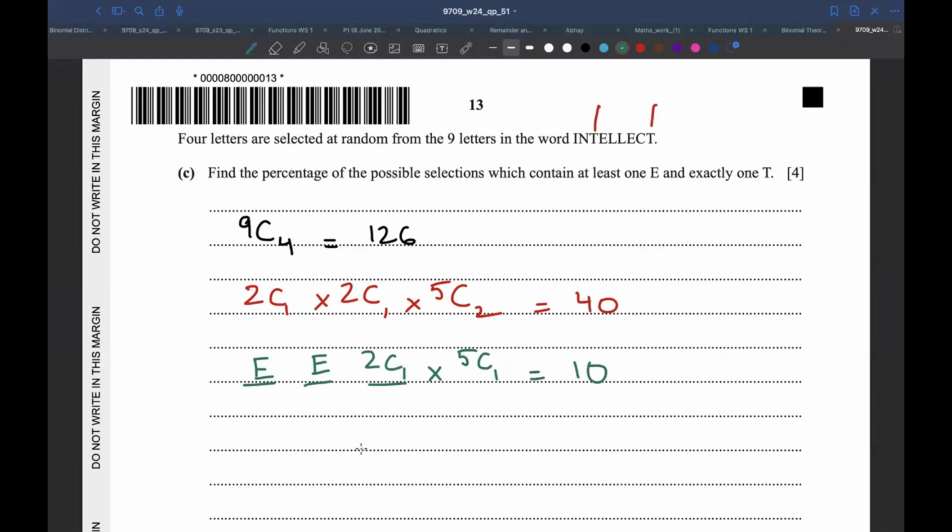So there are a total of 50 possible selections. The percentage will be 50 divided by 126 multiplied by 100. Substitute this in your calculators, and that is 39.68%, which will become 39.7% as your final answer.